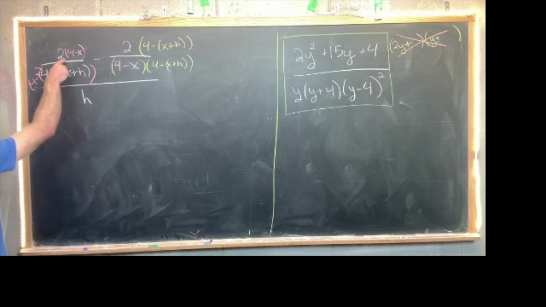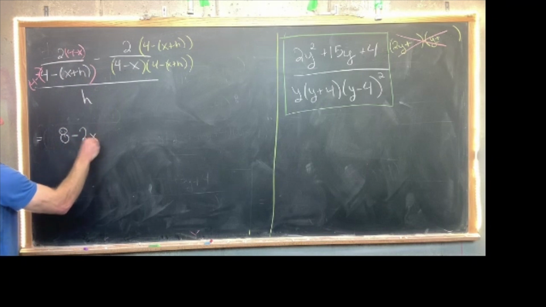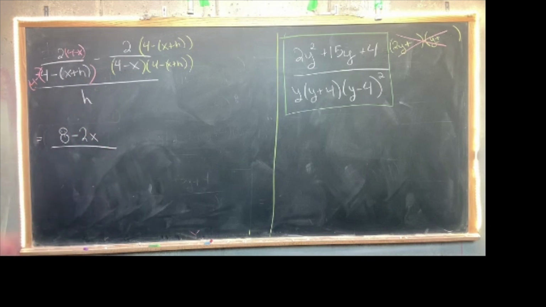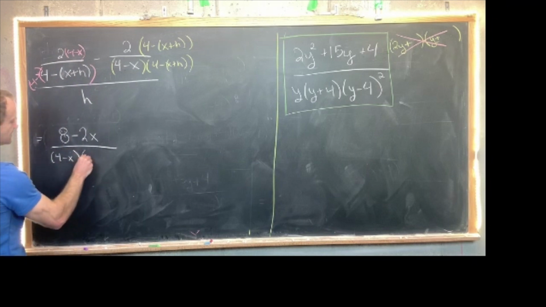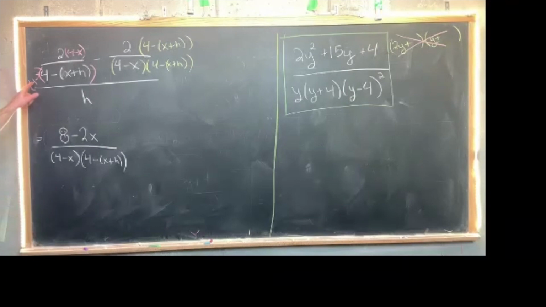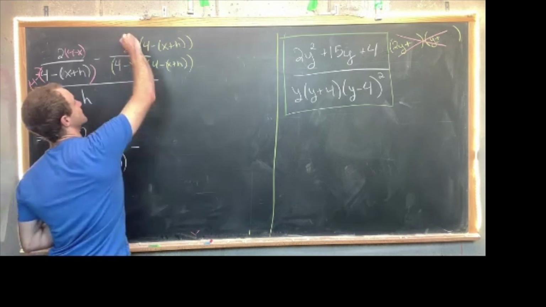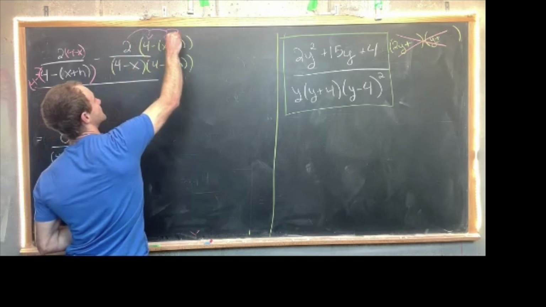So 2 times 4 minus x, that's going to be 8 minus 2x over, now I'm going to rewrite this as 4 minus x times 4 minus x plus h, and just leave it like that. So that's the product of these two terms that I use to build this denominator. Okay, and then I have minus, so the next thing that I want to do is maybe distribute this 2 onto all of these.